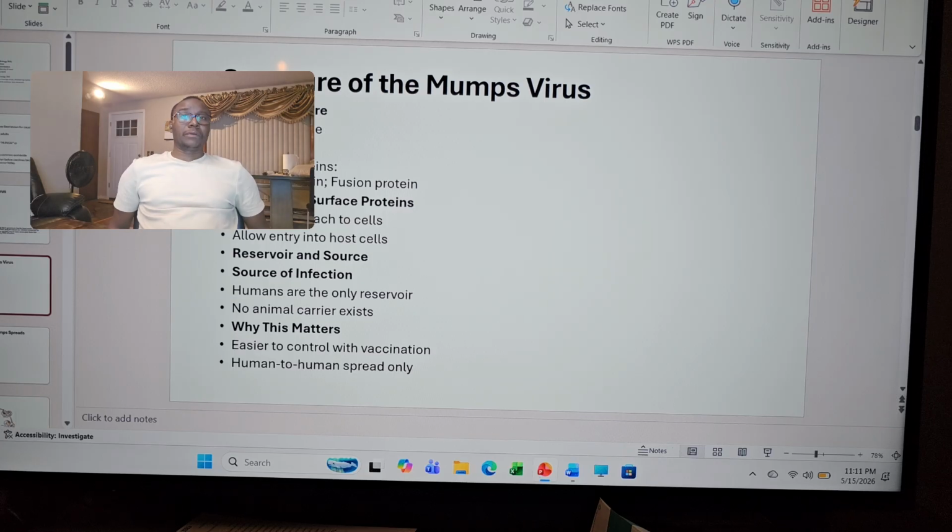They also allow entry into the host cell. Reservoir and sources of infection: humans are the only reservoir. No animal carriers exist. Why this matters: it's easier to control with vaccination. Human-to-human spread only.